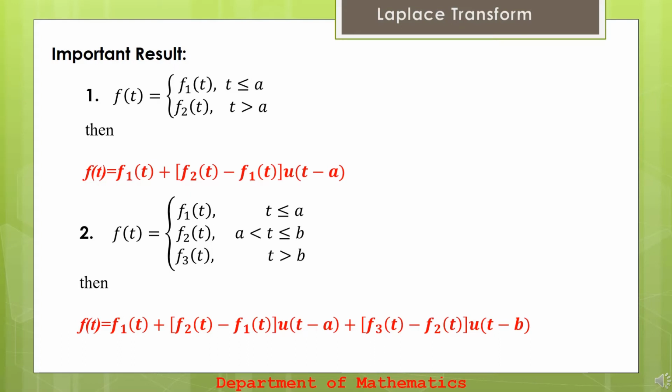And second result: f of t is equal to f1 of t where t is less than or equal to a, f2 of t where t is greater than a but less than or equal to b, and f3 of t where t is strictly greater than b. Then f of t is equal to f1 of t plus f2 of t minus f1 of t into u of t minus a plus f3 of t minus f2 of t into u of t minus b.